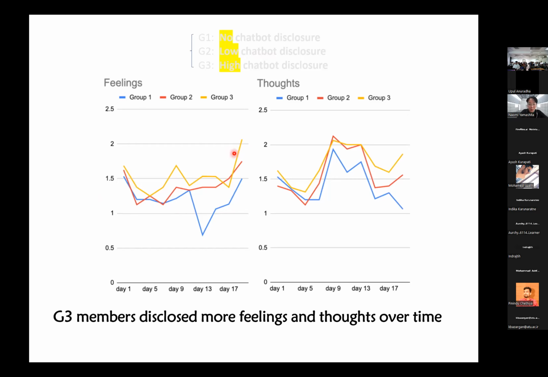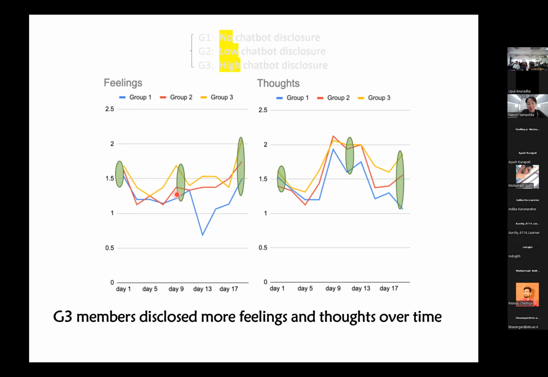So the orange is group 3 with the high disclosure chatbot, and blue is the no chatbot disclosure. And here, as we can see, participants disclosed more deeply about their feelings and thoughts over time when they interacted with the high disclosure chatbot.